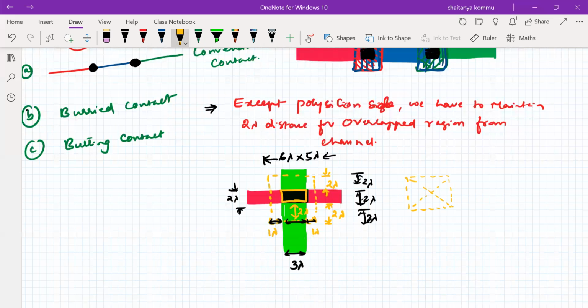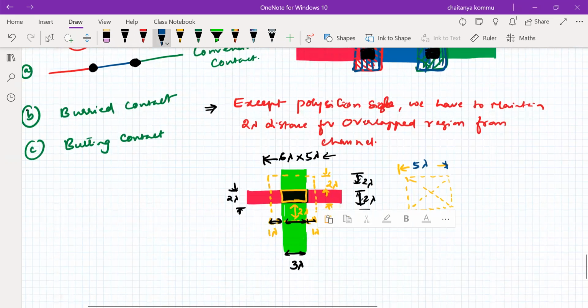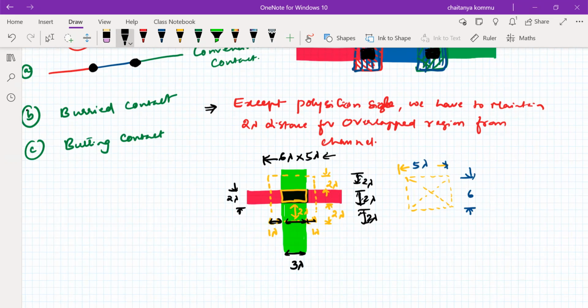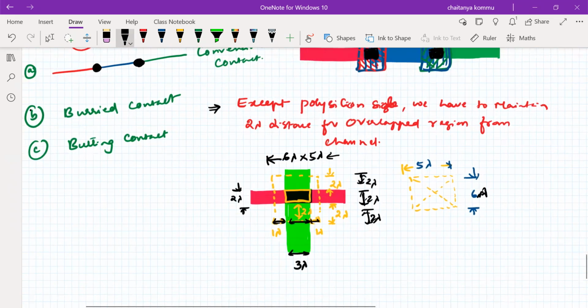Okay, what are the dimensions of this one? 5 lambda is the width. This will be 6 lambda. No, this will be 5 lambda, right? Yes, that is 5 lambda. This is 6 lambda, right?